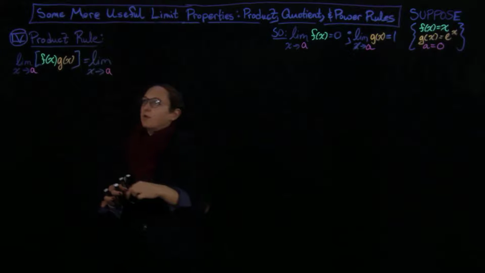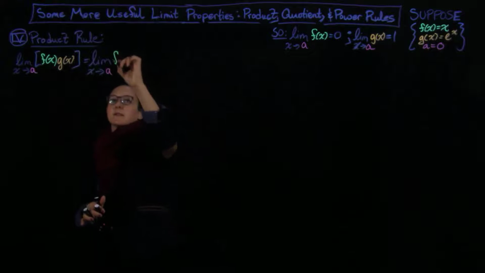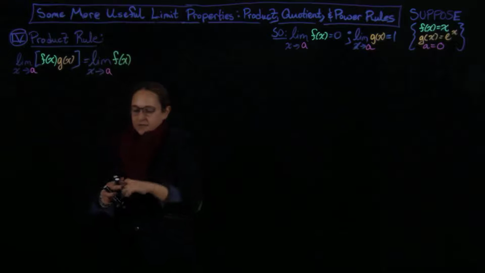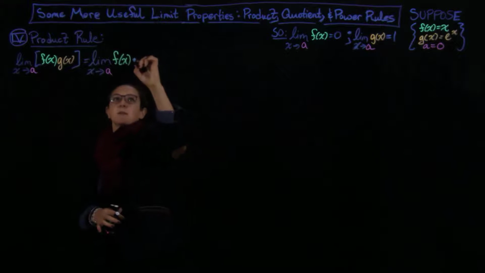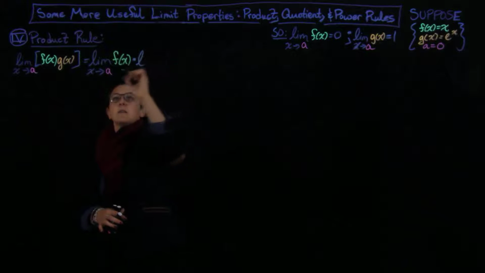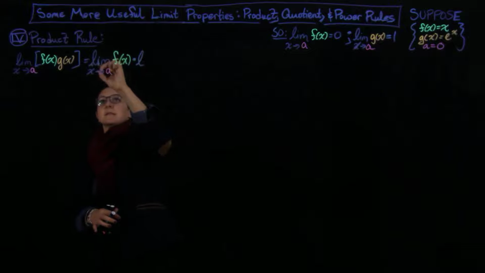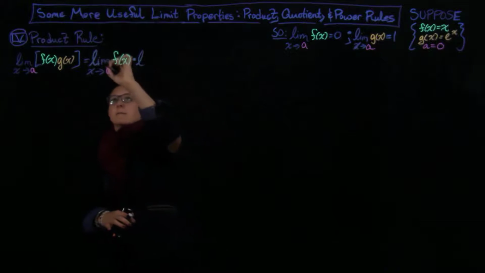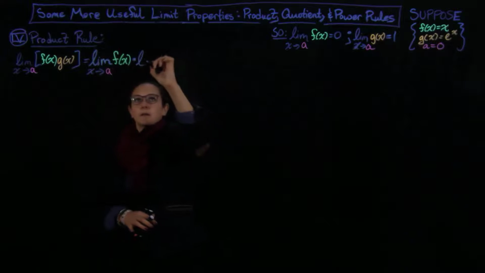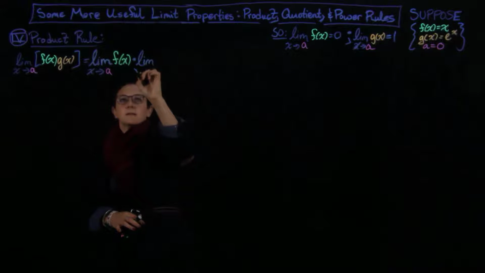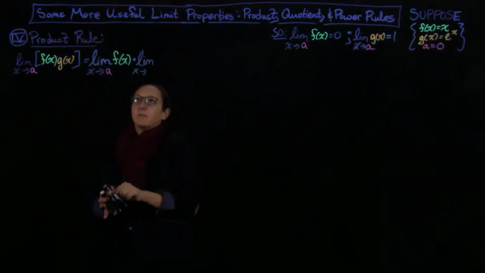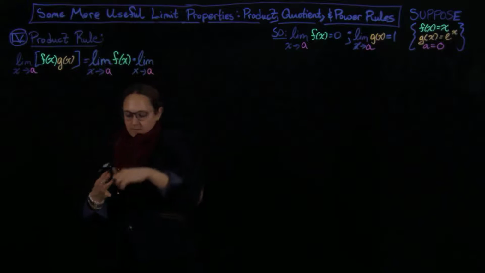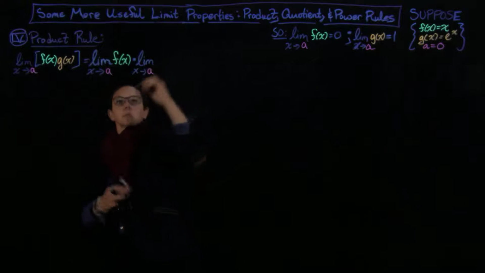So we can multiply these two limits, which is kind of like the dream come true. I can just do these limits one at a time and then multiply them, as long as these limits exist.